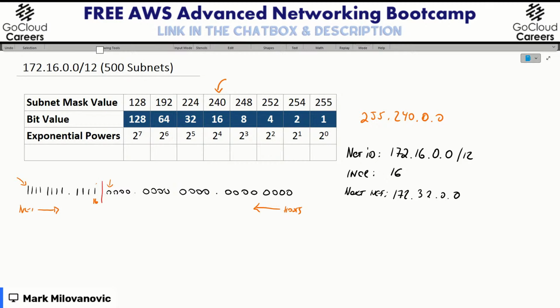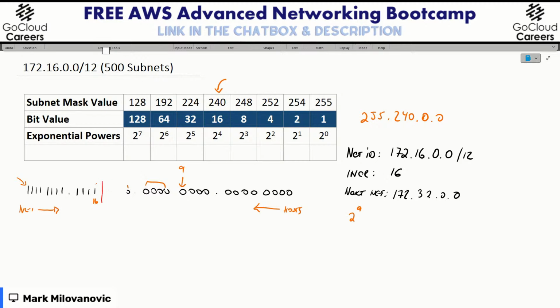We require to go up to this portion right here, which is 9, right? Because this is 4, 8, and then this gives me 9. So I'm borrowing 9 bits. So what I'm going to do, I'm going to write this over here, 2 to the 9th power, right? 2 to the 9th power. I'm borrowing 9 bits.